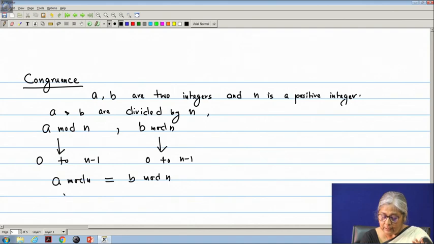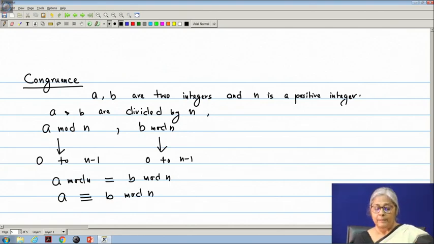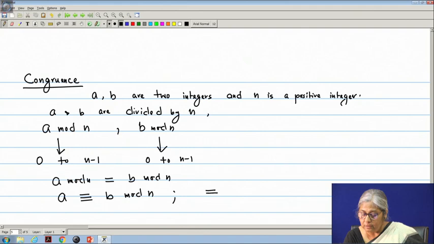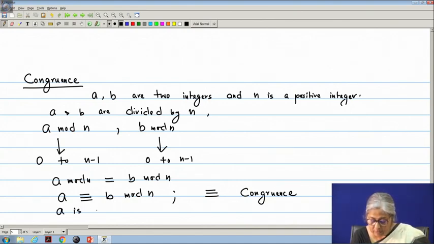Then we write that a is congruent to b mod n. This is the definition of congruence: a is congruent to b mod n when a mod n equals b mod n.